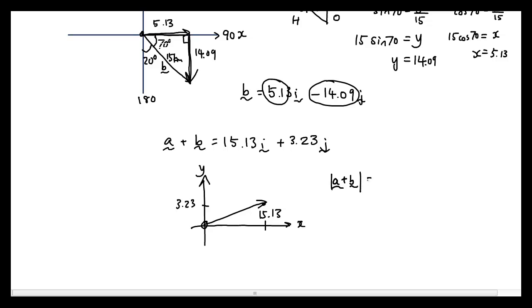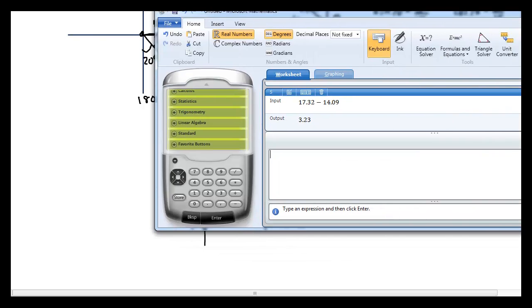So the magnitude of A plus B, the magnitude is the square root of the sum of squares of the x and y components. So 15.13 squared plus 3.23 squared, and then the square root of that is, let's use the calculator again.